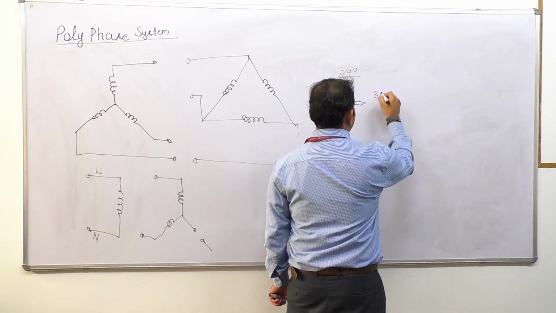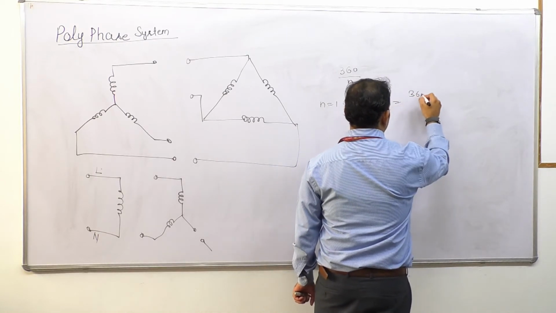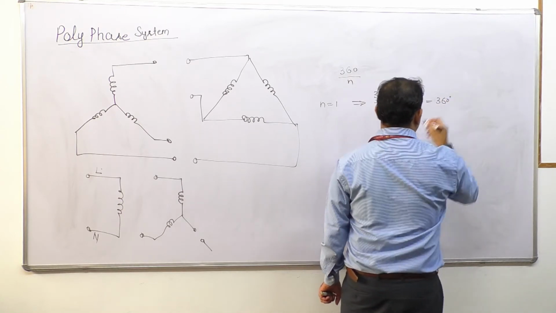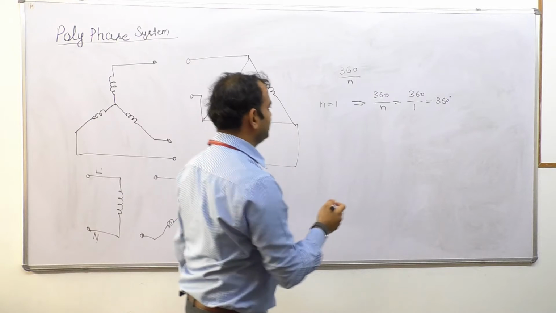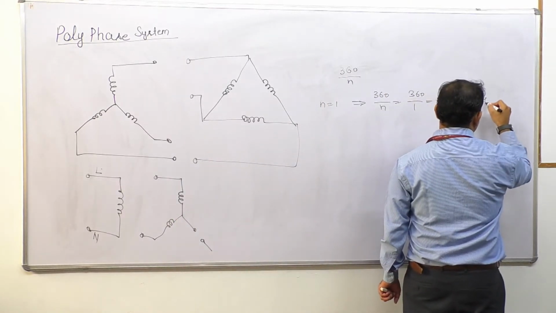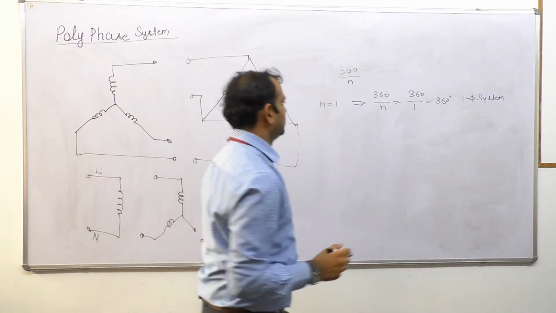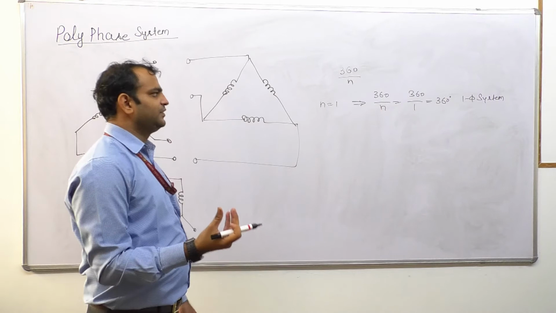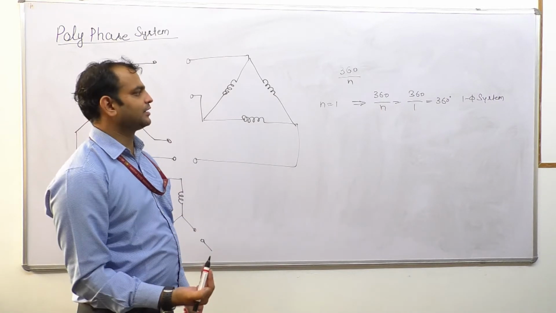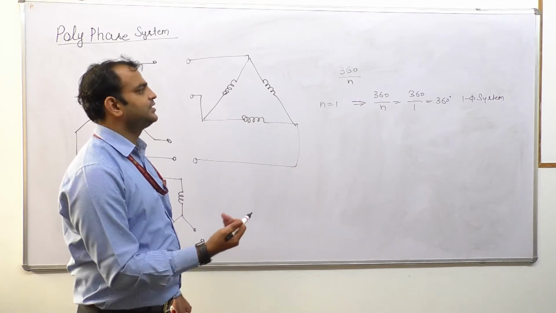So 360 by n is 360 upon 1, which is 360 degrees. In the case of a single-phase system, the phase angle between one phase and the neutral wire is 360 degrees.